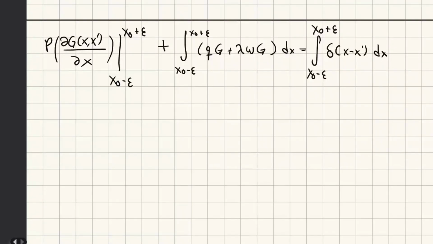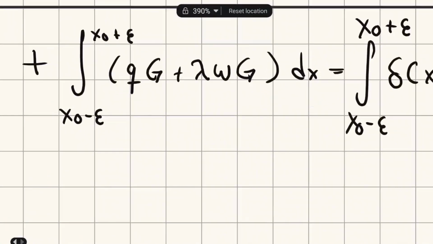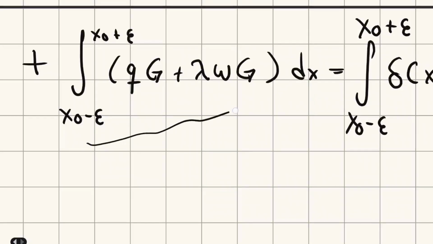Okay, so we need to see what happens when x prime is equal to x0 and then different from x0. Notice that the integrand of this integral only includes continuous functions.